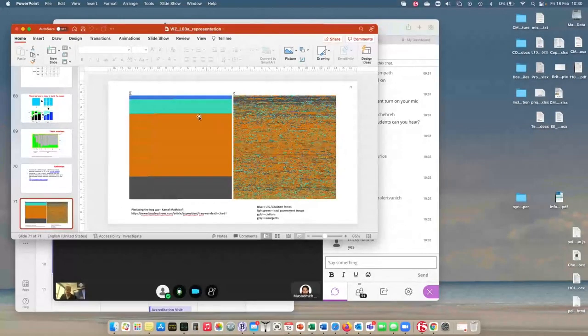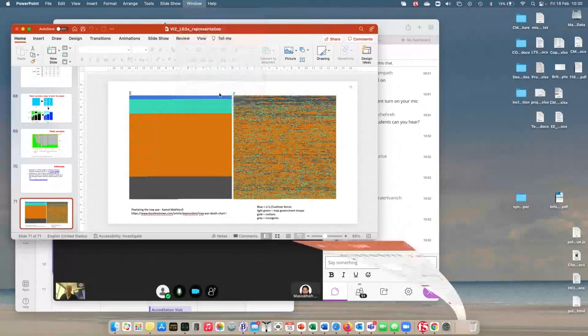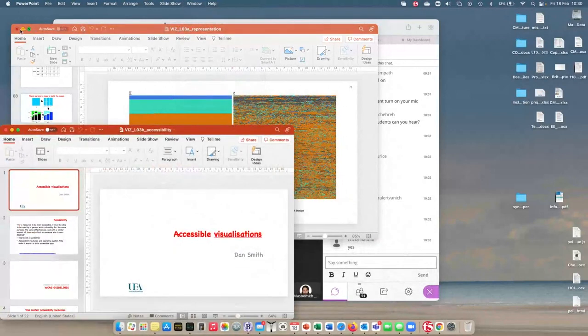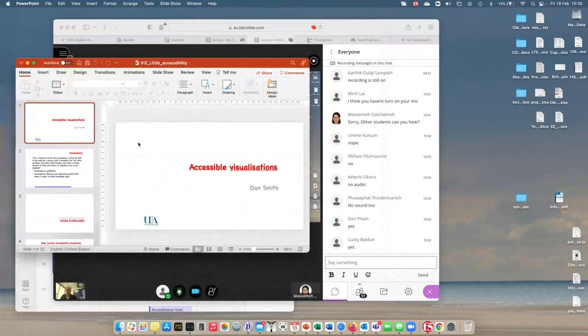Good. What I would like to do then is say a little bit about accessibility and visualization.